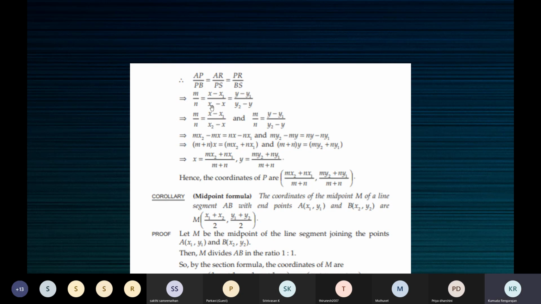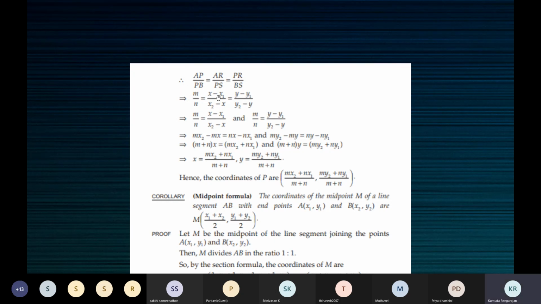Now equate m by n to this one to find the value of x, and equate m by n to this one to find the value of y.